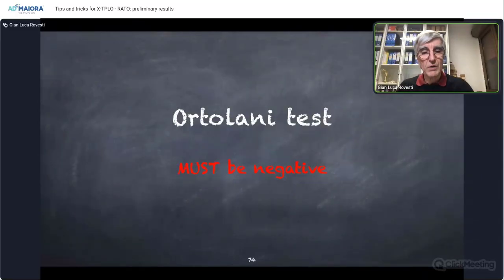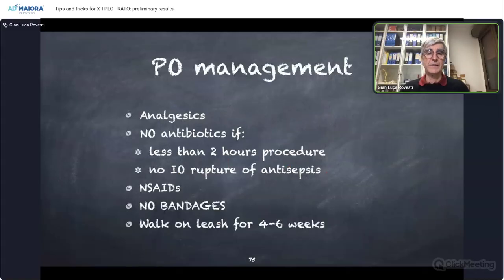But the Ortolani test must be negative, okay? If I perform the Ortolani test during the procedure and it's not negative, I will correct the procedure. I want the dog to exit the OR with a negative Ortolani test.